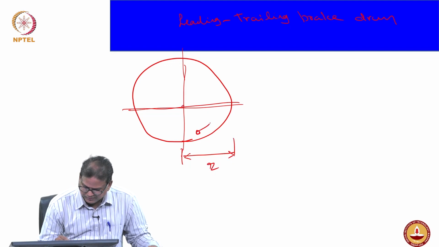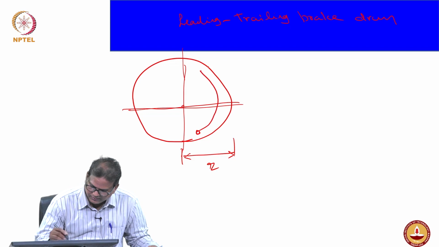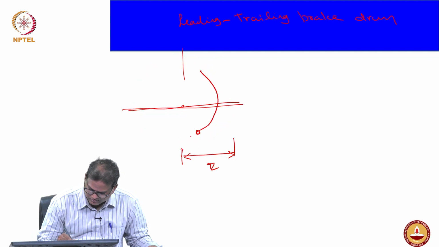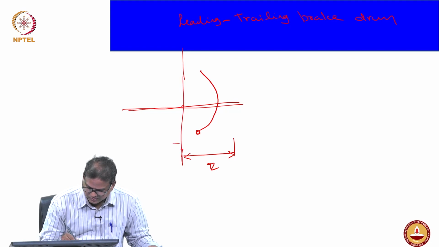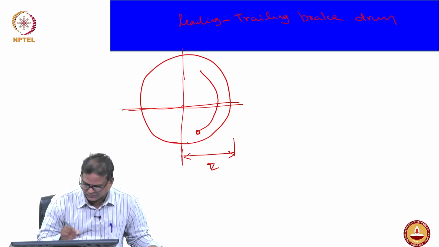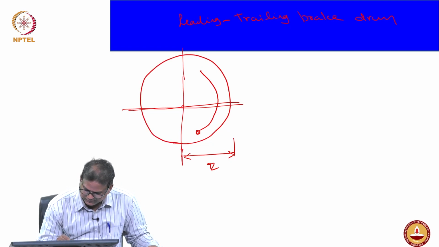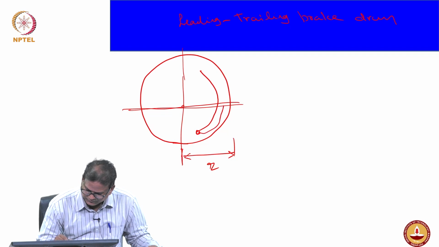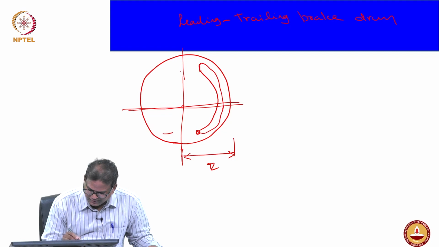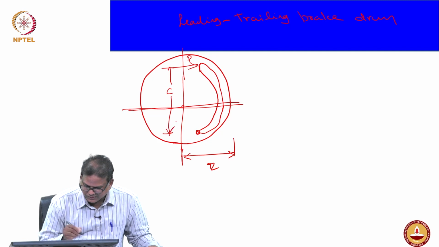From the pivot, this is the shoe arrangement. The distance from the pivot to where the tip force is going to activate is C, which is already known to you.